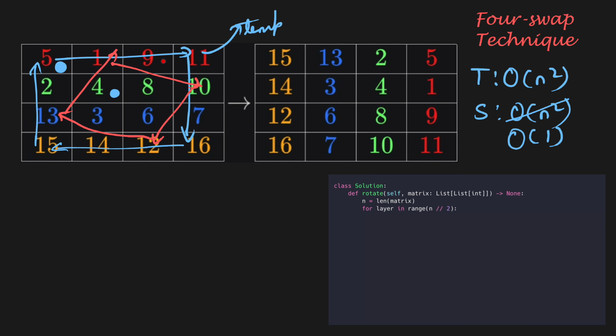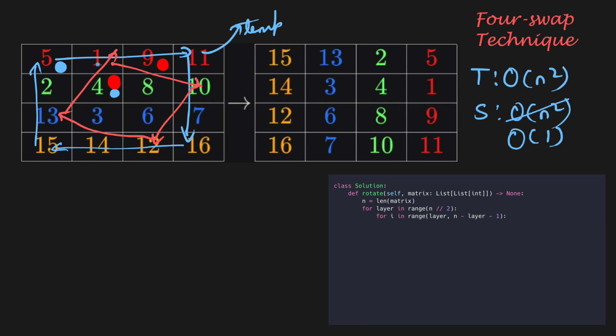For example, for the outermost layer, it is this element, and for the inner layer, it is this element, and so on. This calculation works for the top row, and as we process the top row, we automatically enforce swaps for the other 3 sides of the square ring. Thus, iterating over the top row is sufficient to handle the entire layer.